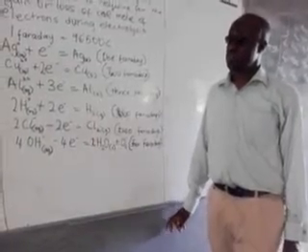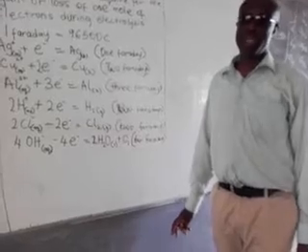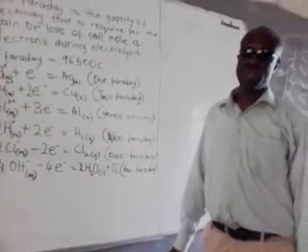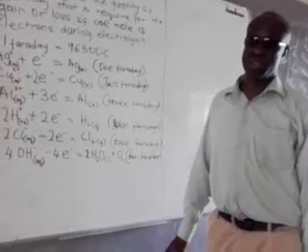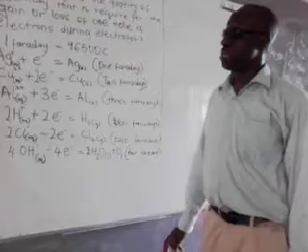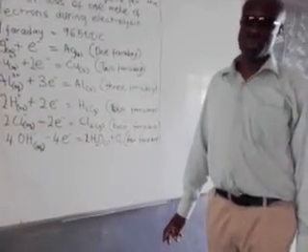Now, we move to chlorine gas. Again, chlorine is a diatomic molecule. So, we have 2Cl- aqueous, losing 2e-, will give us Cl2 gas.